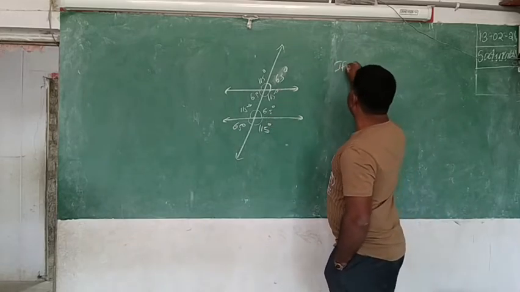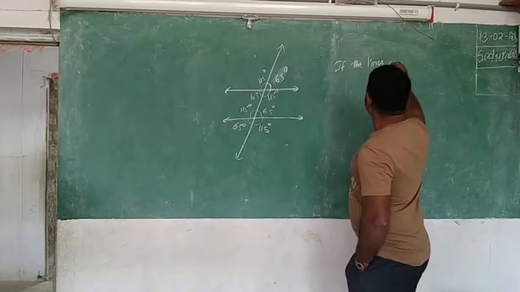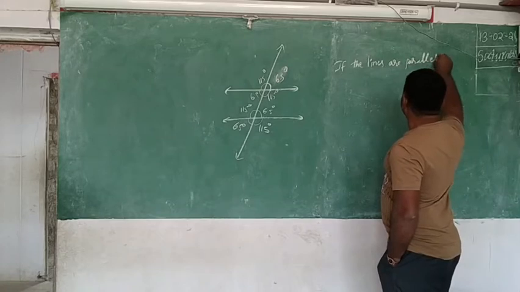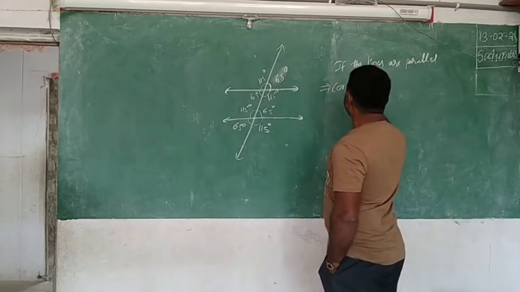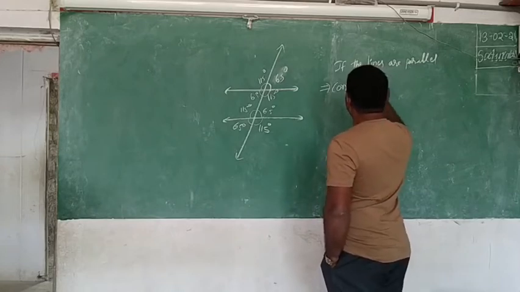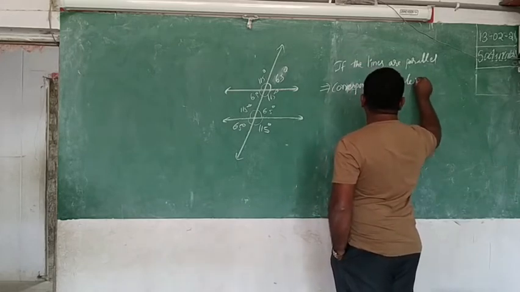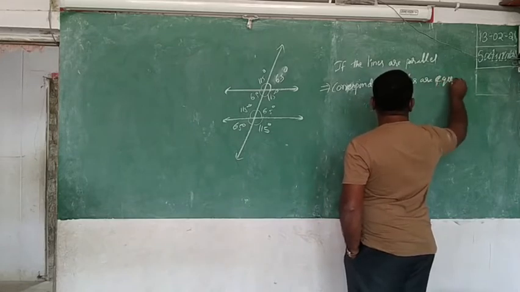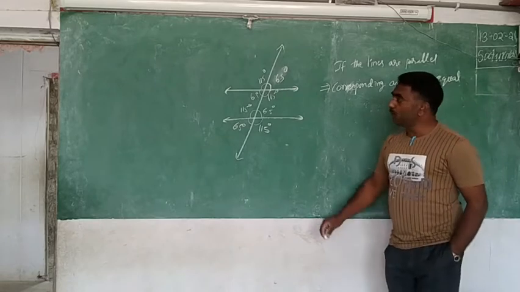So I am going to say that if the lines are parallel, then what did I find here? Corresponding angles are equal. Corresponding angles are equal.